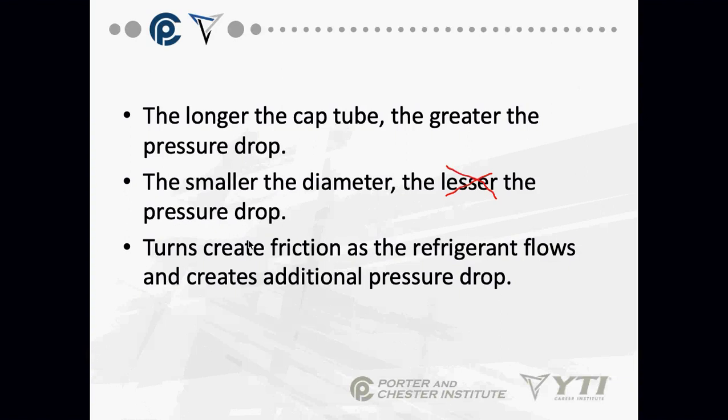Let's correct that for anybody taking notes. Again, small diameter, I'm restricting. Turns create friction as the refrigerant flows and create additional pressure drop. All three things: the longer the cap tube, the smaller the diameter, the greater the pressure drop. Turns add additional pressure drop.